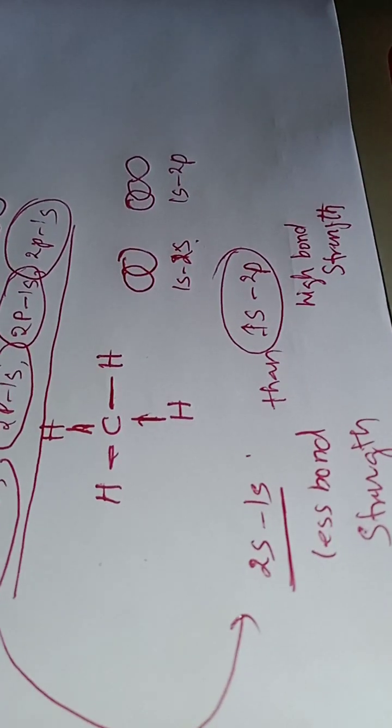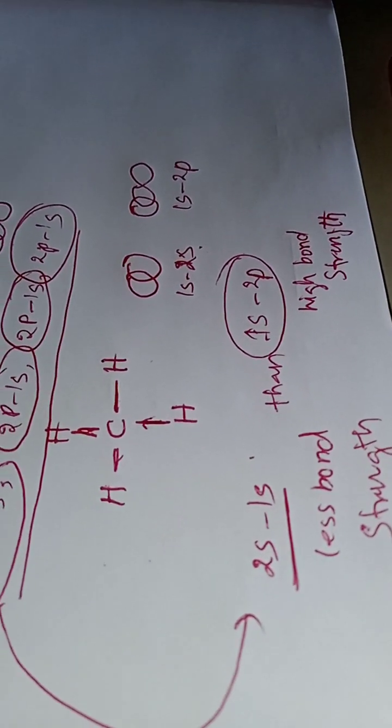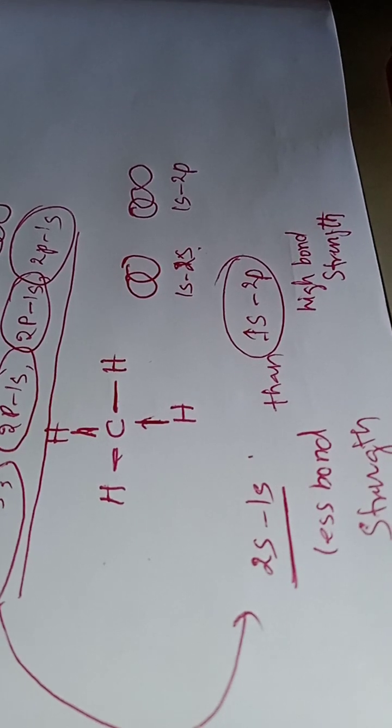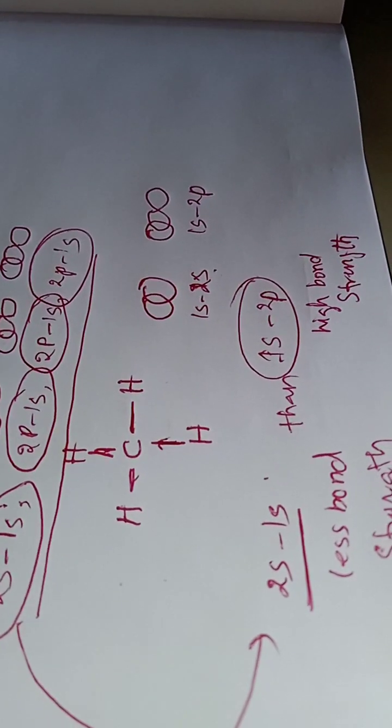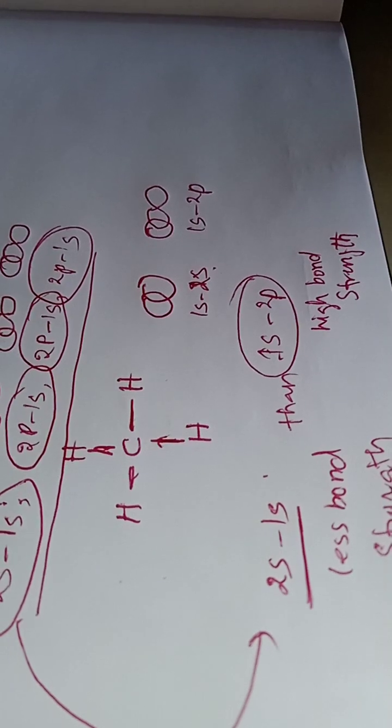Due to this variation, we proposed hybridization. Hybridization makes a redistribution of energy in the orbitals.